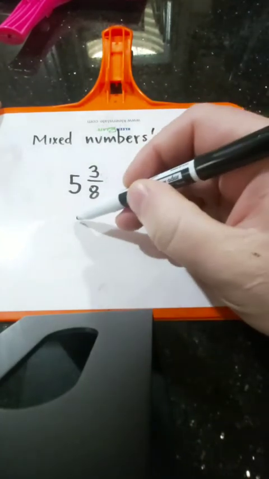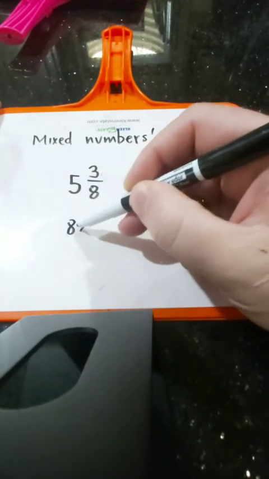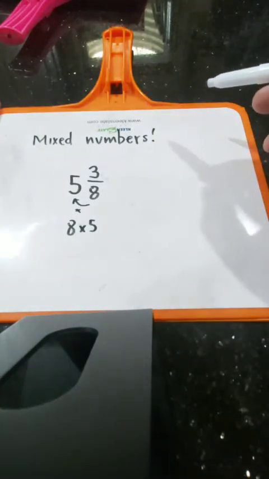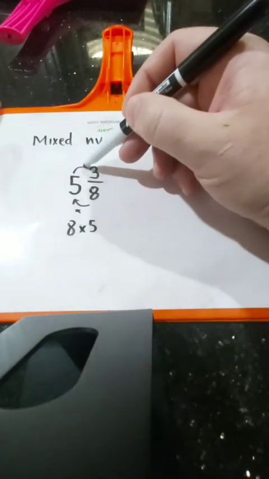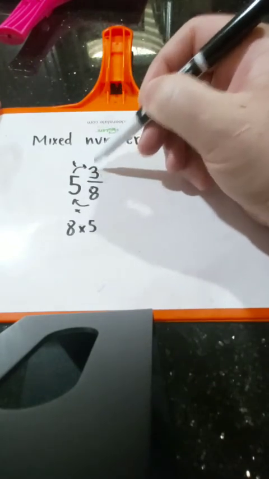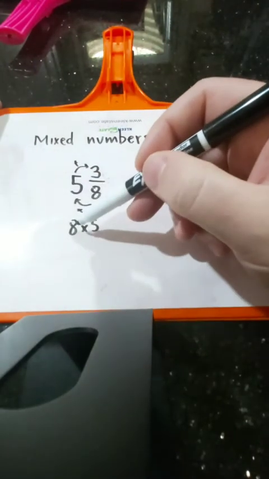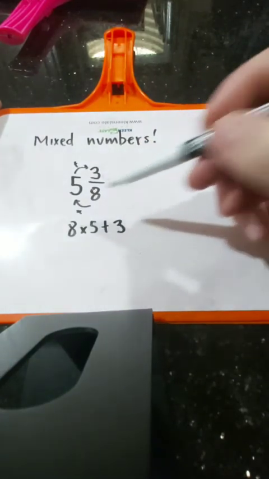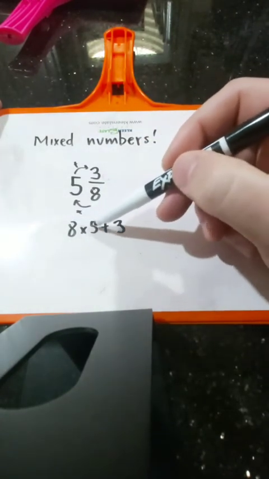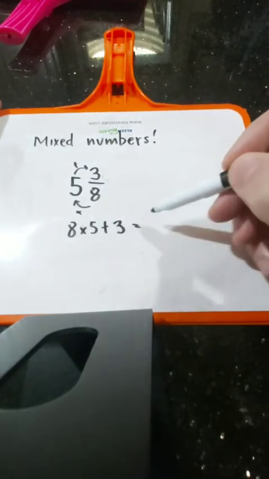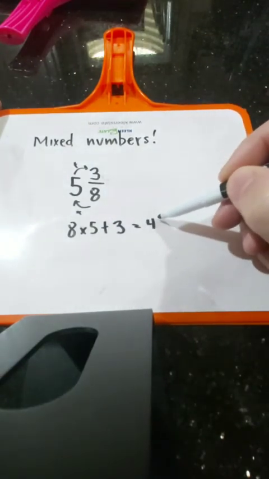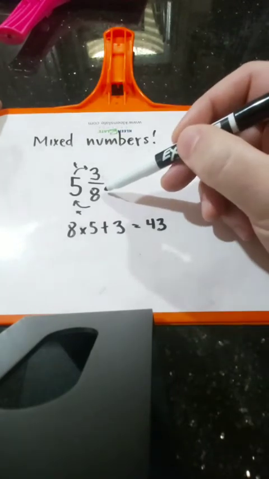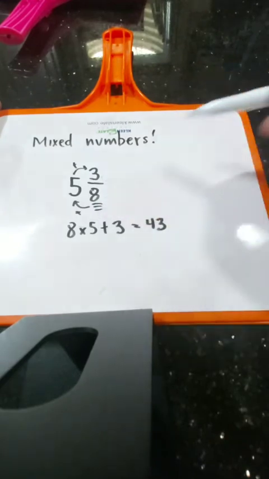So in this case, 8 times 5. This times this. Then you're going to add the numerator here. Okay? So 8 times 5 plus 3. All right? 8 times 5 is 40, plus 3 equals 43. Okay? Then what we do is we keep the denominator, this guy here, the same.